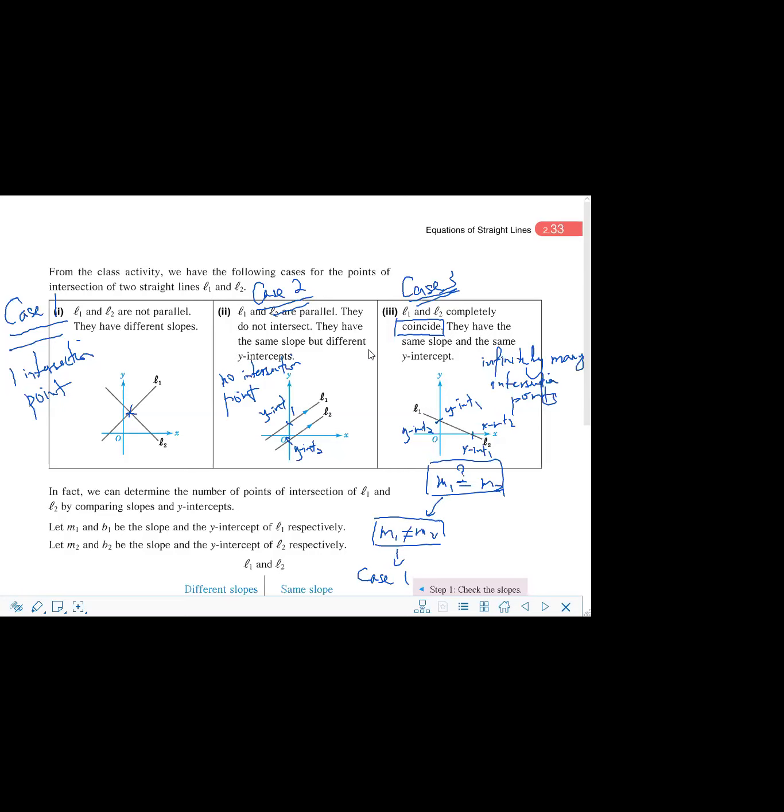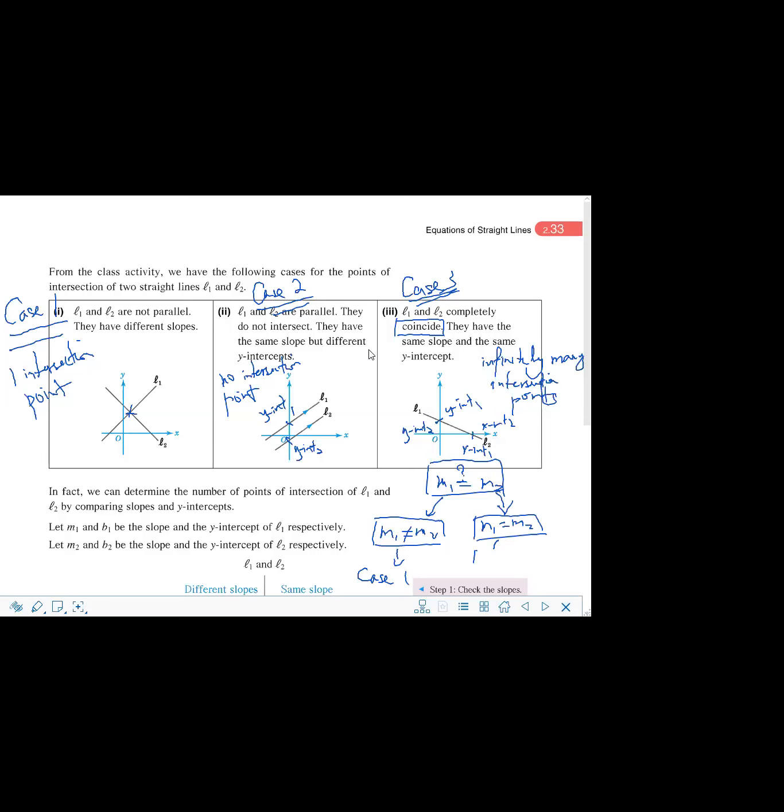And then if M1 is equal to M2, 即係佢哋係平行咯，同一個方向咯，我哋就要 check 多一樣嘢啦。Check the y-intercepts: y intercept 1 and y intercept 2. Are they equal?